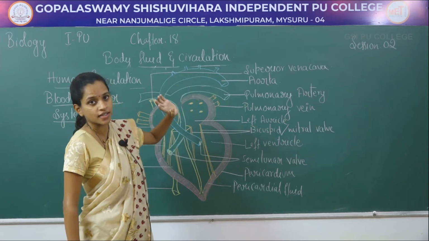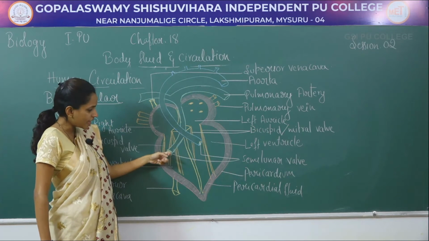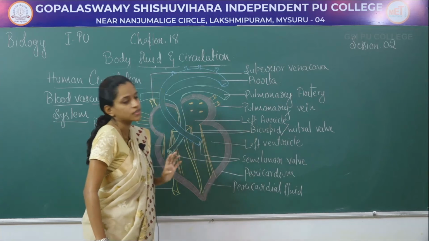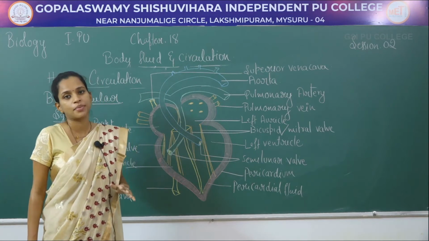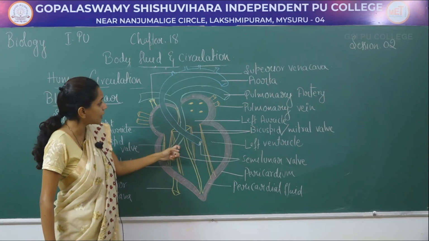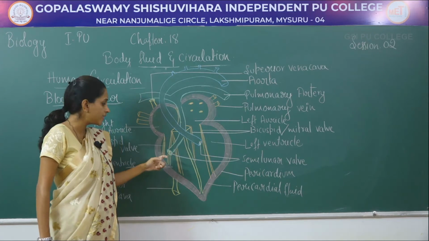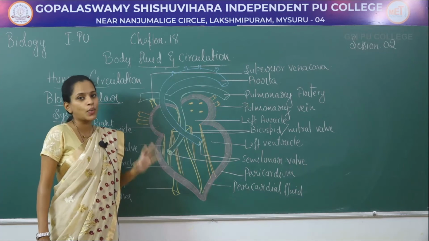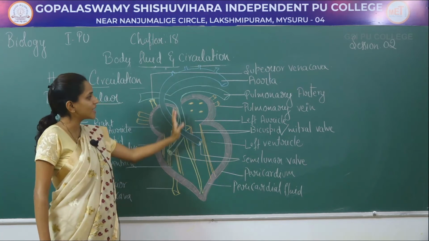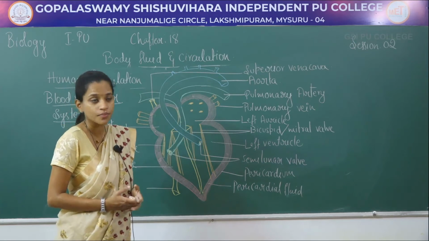When it is transferred, there are semilunar walls, which means half moon shaped walls. These guard the pulmonary artery so that the blood does not flow back into the right ventricle. Once the blood is taken up into the pulmonary artery, the semilunar walls also close.